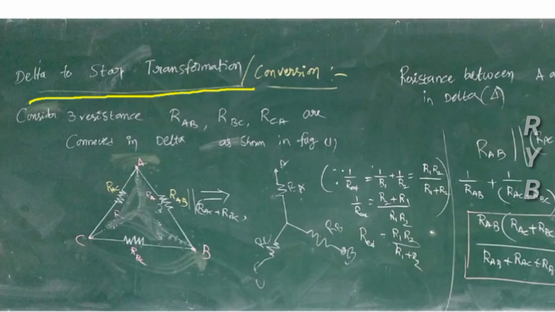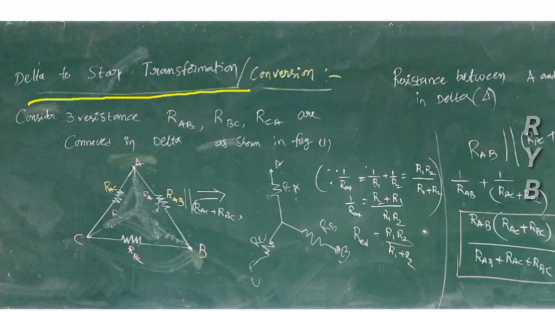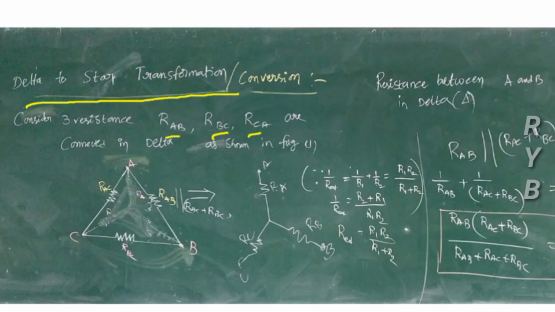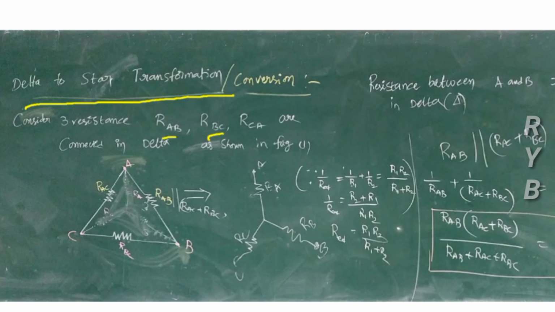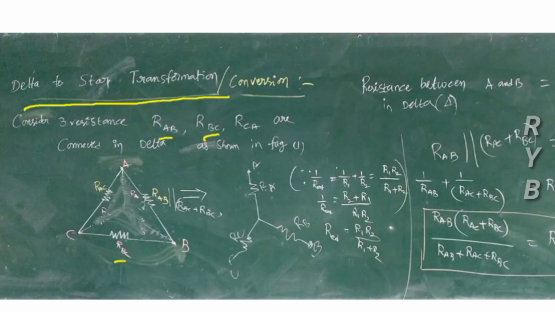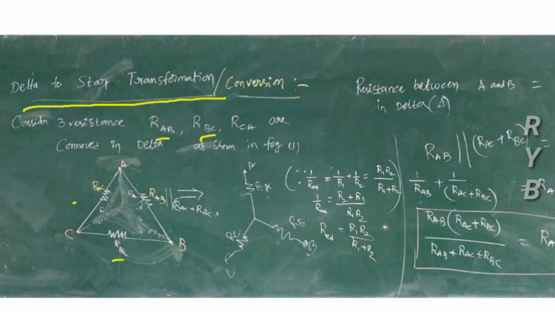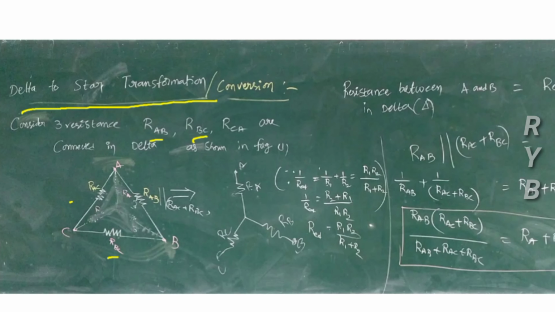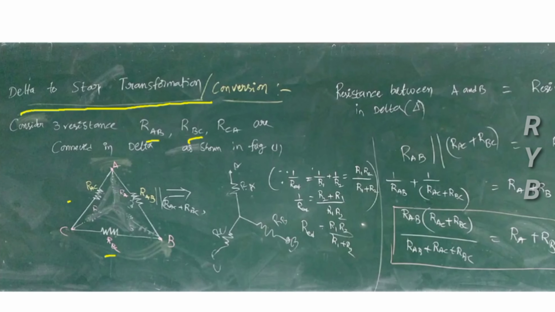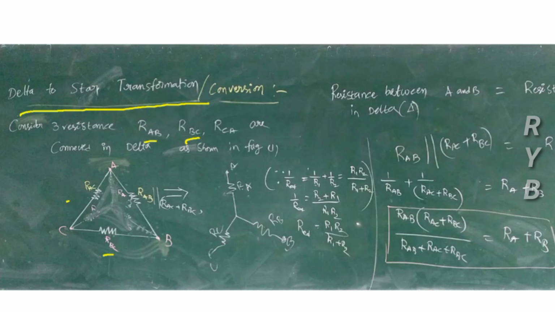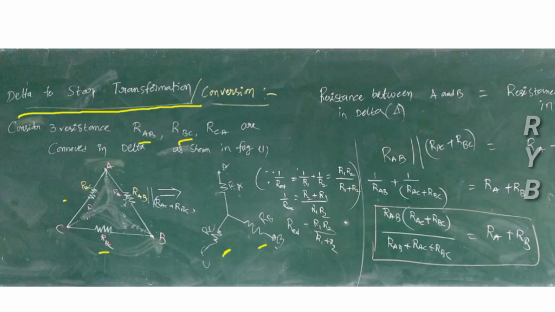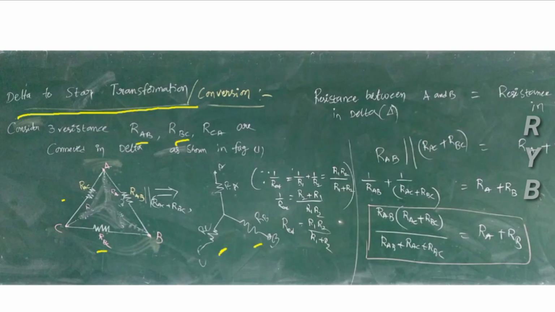If the circuit consists of delta connected resistances RAB, RBC, RCA, as in this diagram, convert delta to star, where RA, RB, RC are the three resistances connected in star.